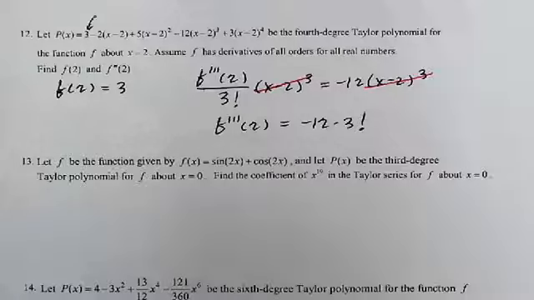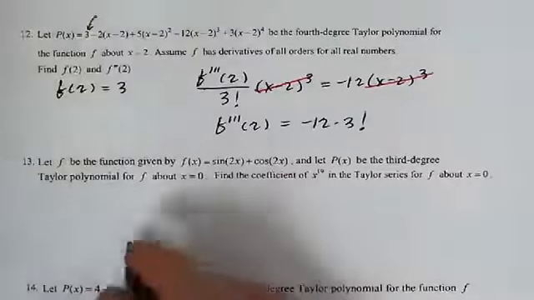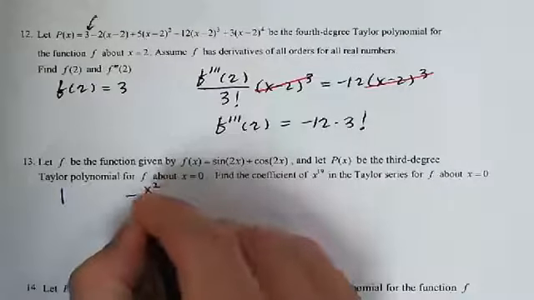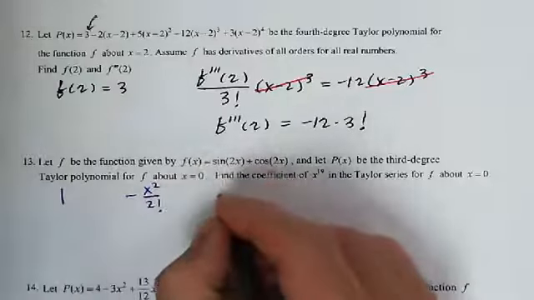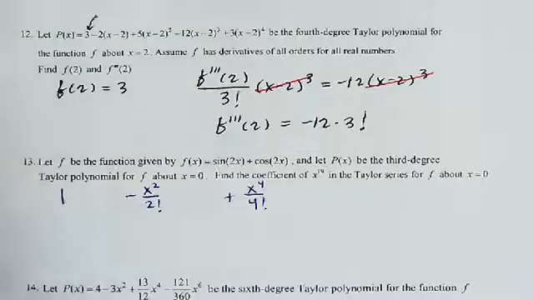All right, f is sine of 2x plus cosine of 2x. Let p be the third degree Taylor polynomial. 19. Well, that's kind of annoying. I think what I'm going to do is write down the polynomial for sine of x plus cosine of x, and then leave room to substitute in the 2x. I'm going to start with cosine, because that's the one that starts with 1. So it's 1 minus x to the 2 over 2 factorial plus x to the 4 over 4 factorial, and so on.